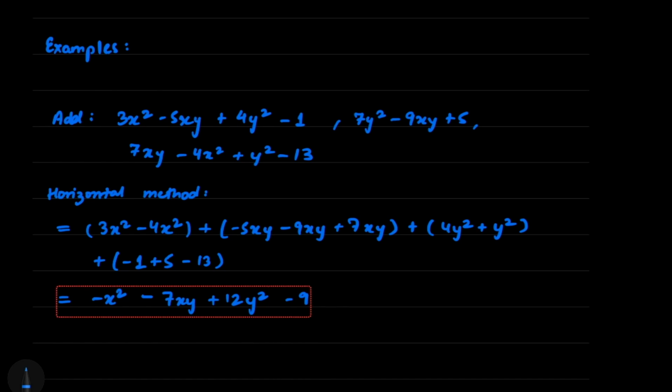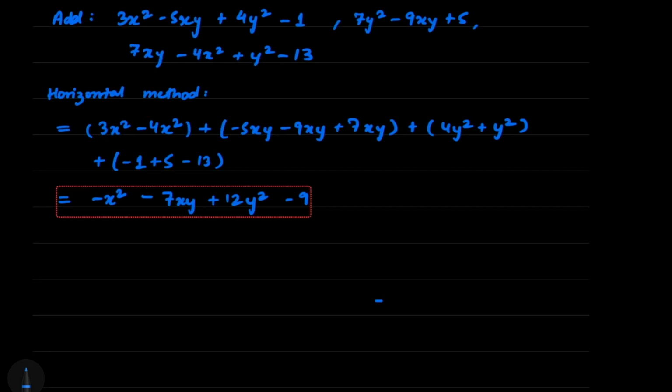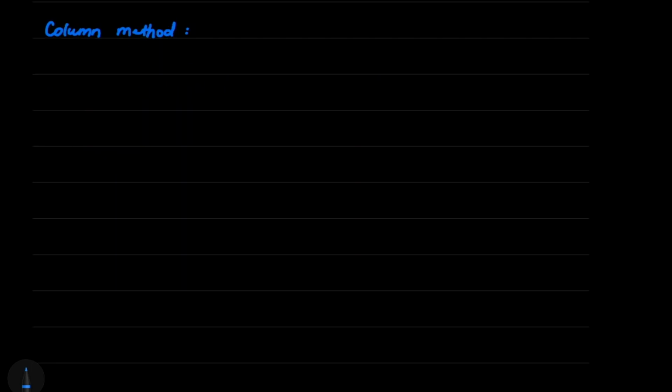In the next question, we'll also try this column method. We'll just write these down as they are, one under the other. So 3x squared minus 5xy plus 4y squared minus 1 as the first expression. Then we have 7y squared, and we'll write this below 4y squared. Minus 9xy, we write below minus 5xy.